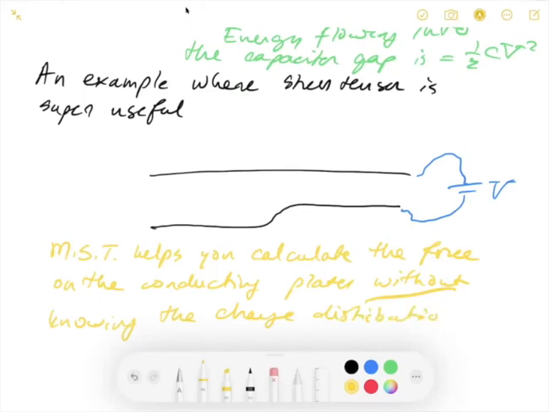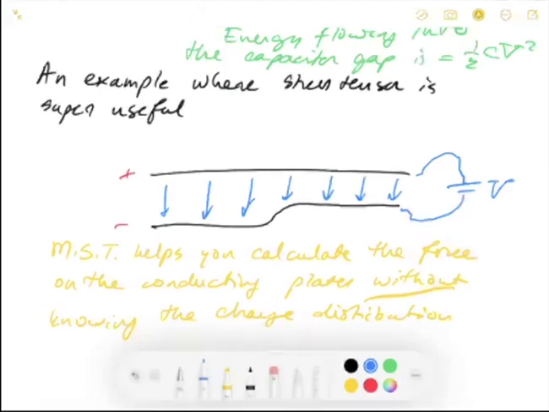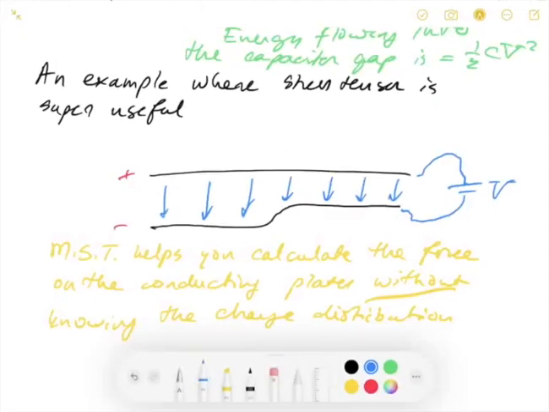All right, so how does this go a little bit? Well, you don't know the exact charge distribution, but you do know one is going to be positive and the other is going to be negative. So your electric field's going to look like this. We can also assume that it's uniform. So in that case, we can take a Gaussian surface that looks like this.